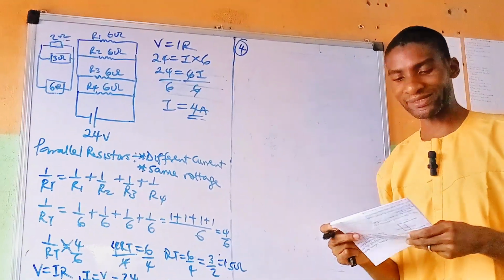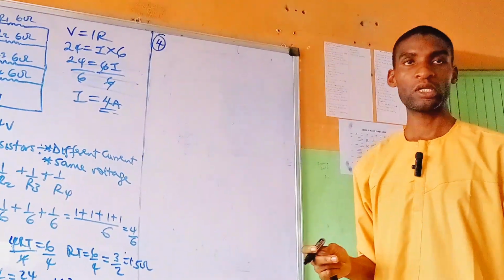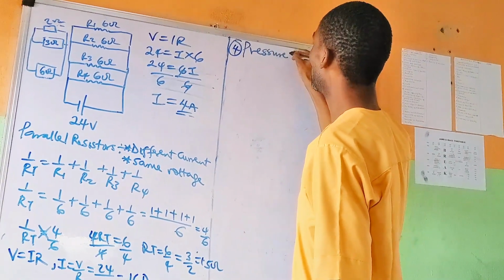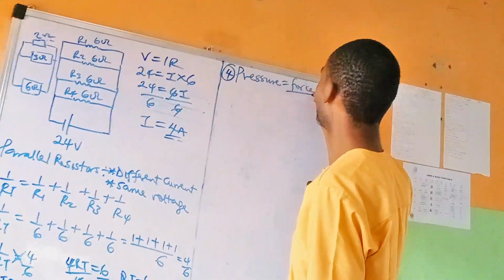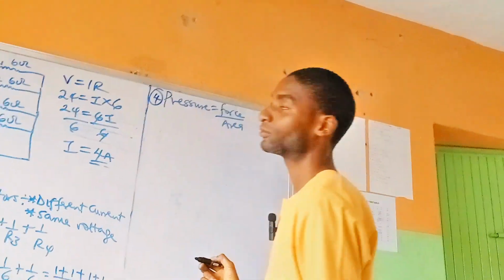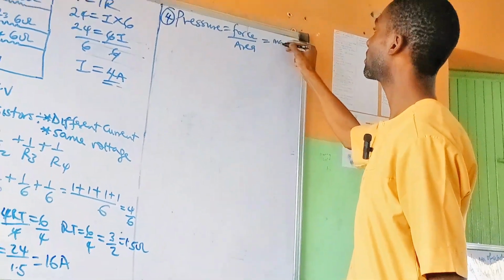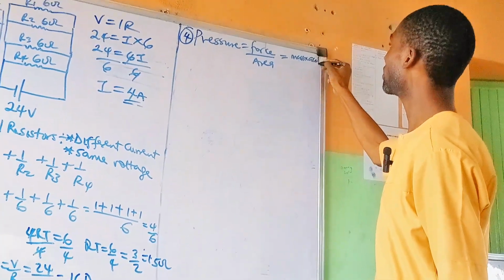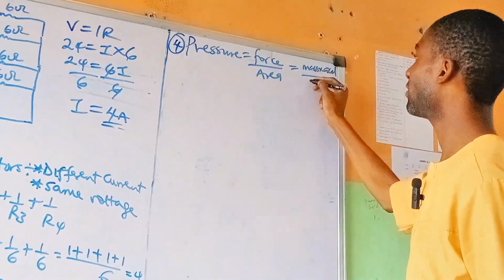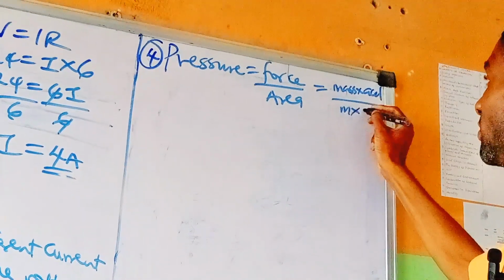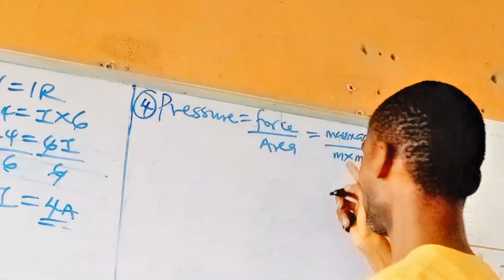Which of the following is the dimension of pressure? The dimension of pressure, what is the formula of pressure? Pressure is force per unit area, which is force over area. So if that is the case, what is the formula for force? Mass times acceleration divided by area, which is distance times distance, which is meter times meter, right? Meter squared.